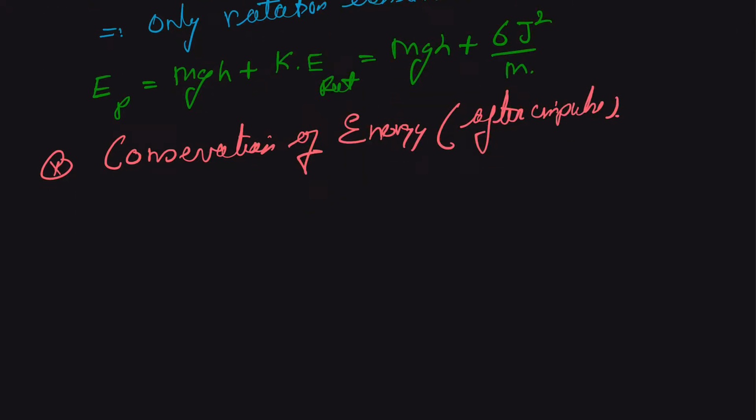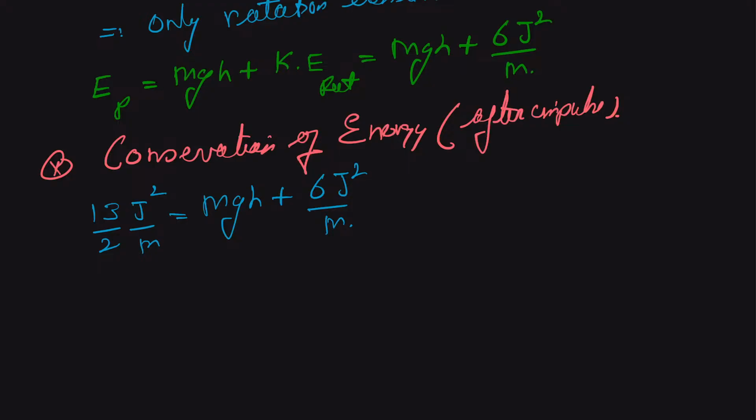We can write that our total energy, 13 by 2 J square upon m, will be equal to mgh plus 6J square upon m.